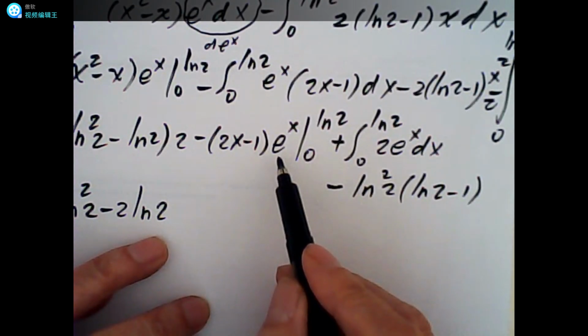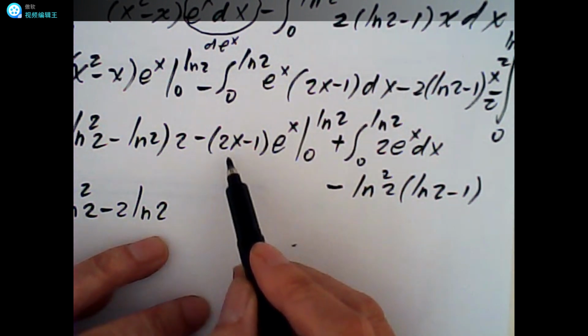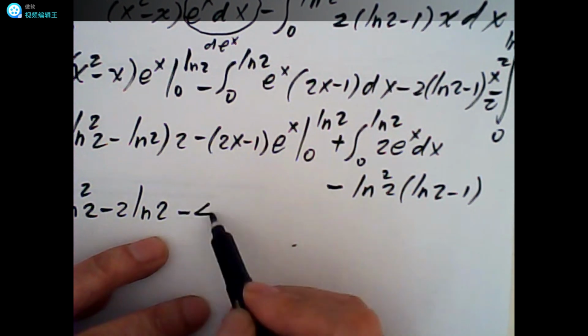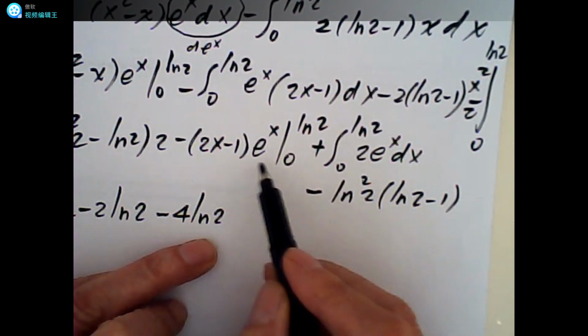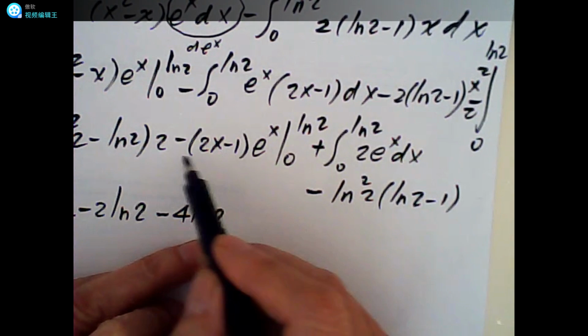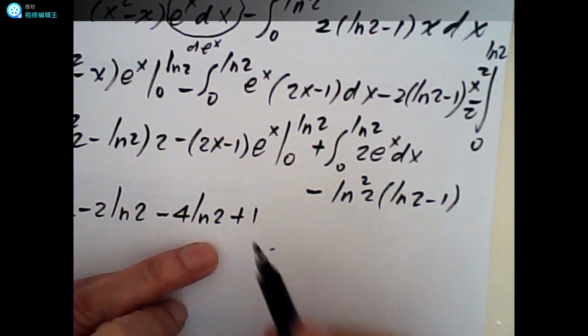This one is a 2, 2 times the 4 log 2, right? 4 log 2, minus, this is 1, this is 1, this is negative, so it becomes positive.